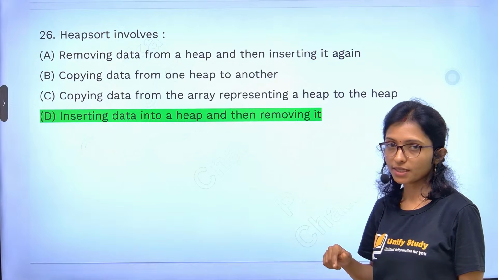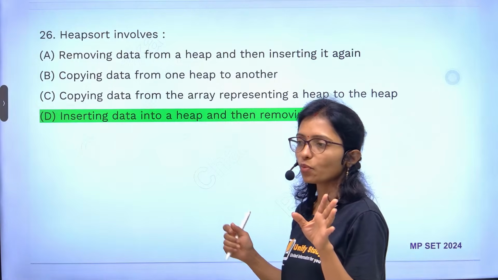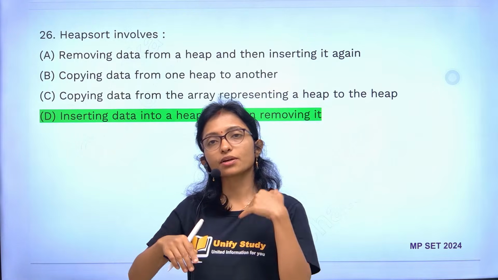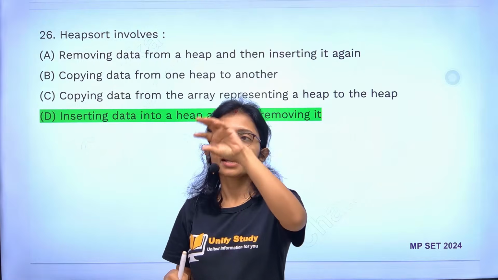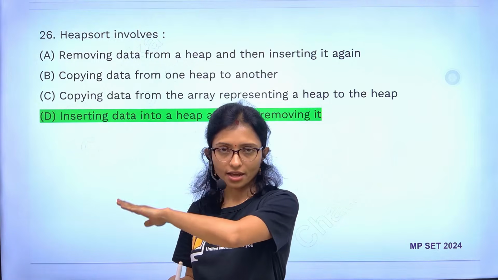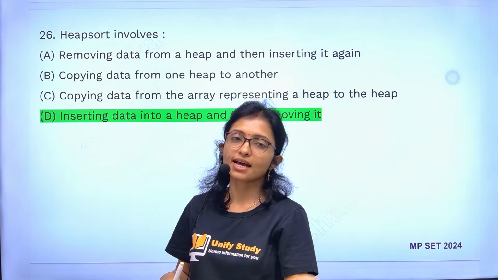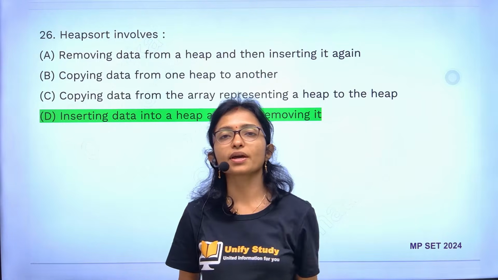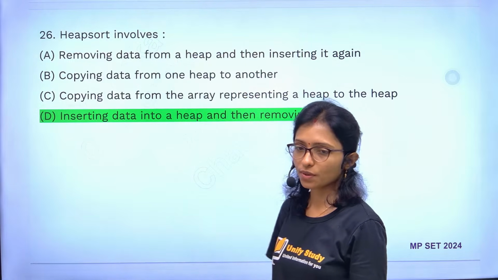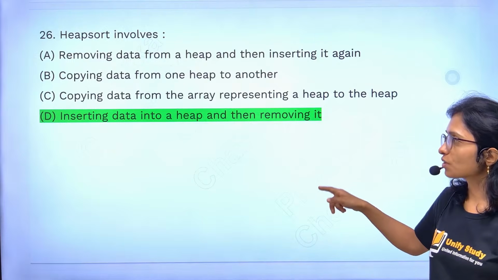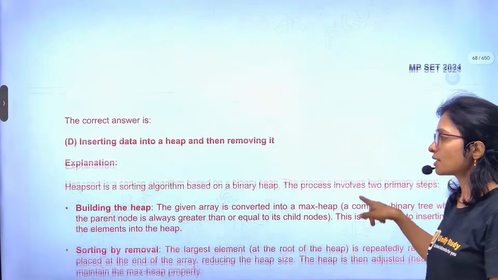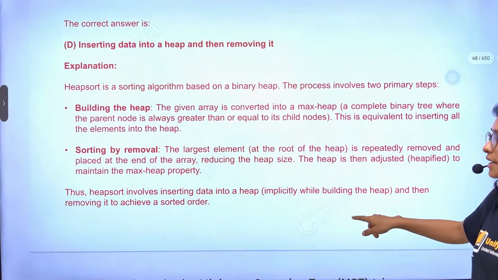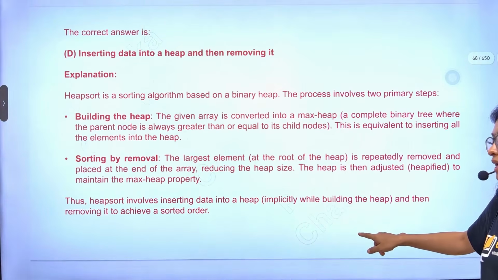Heap sort means you are using a heap: one by one we take elements, make a max heap, take the root and eliminate it, then again insert, again create the max heap, again eliminate. This is the way heap sort works, right? So that's why option 4 is the correct answer: building heap, sorting by removal.